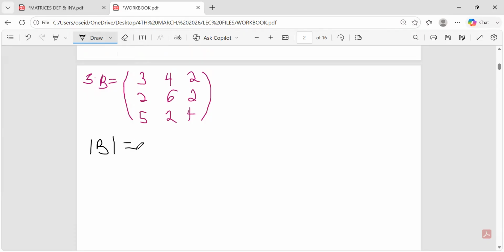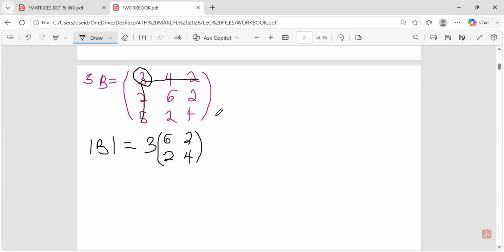So the determinant of B will be equal to, let's pick the first component, which is 3. So we take our 3. Then we assume that once we've taken the 3, row 1 exists no more. Then column 1 also exists no more. So the elements left for us to use are 6, 2, 2, 4.